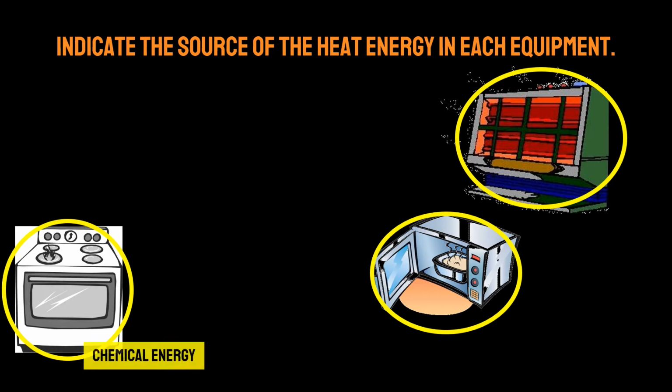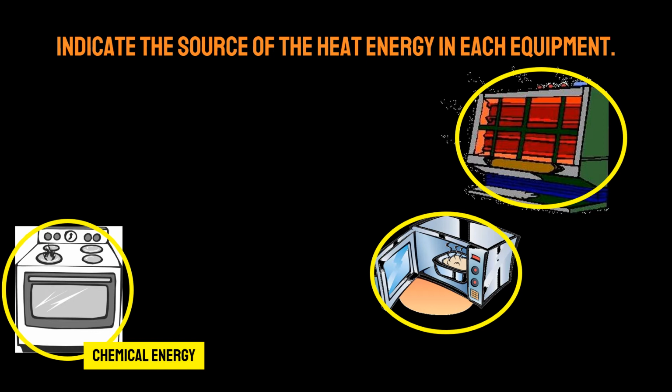So here we're talking about chemical energy, since when things burn, like gas, gasoline, coal, oil, they produce heat, and here we talk about chemical energy. What about the electric heater?